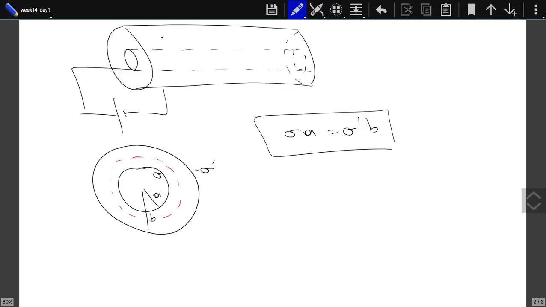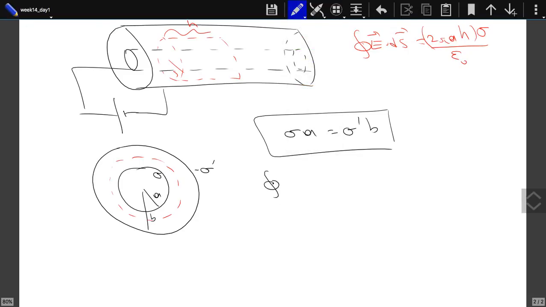Or on this other image, this is our surface that I'm imagining, of radius, let's say, S, and height H. So for this Gaussian surface, the integral of E dot dS over that surface should be equal to the enclosed charge Q divided by epsilon 0, but the enclosed charge is nothing but 2 pi A times H, the total area of the inner cylinder, times sigma, the charge density, divided by epsilon 0.